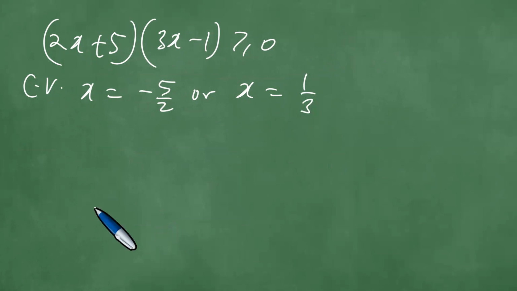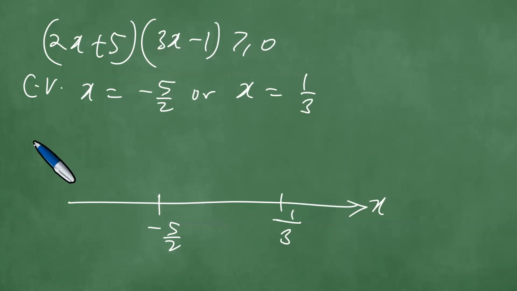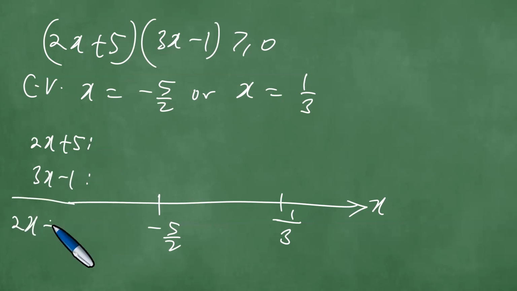And like we did before, we position everything on the number line. We put the negative number first because minus 5 over 2 is negative, and then we put 1/3 afterwards, and we put x there. We put 2x plus 5 here, and we put 3x minus 1.